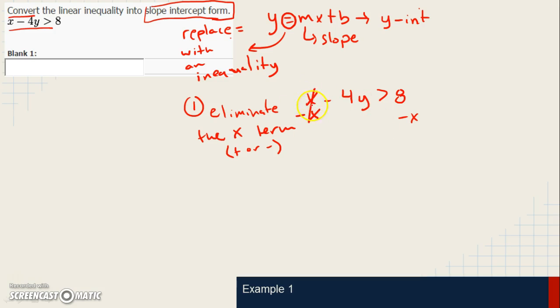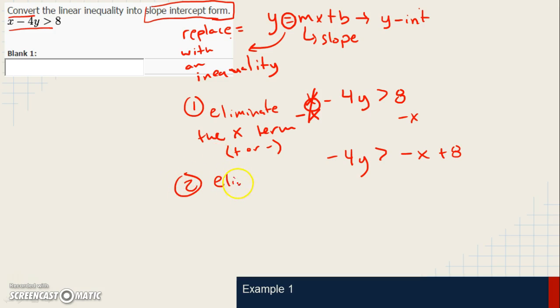So here we zero these out. We've eliminated them. We're left with -4y is greater than 8 minus x. These are not like terms. However, when I write it flat, I'm going to make sure that I write my variable term first, just like this. Now we've got to eliminate this coefficient of -4, and that's actually our second step.